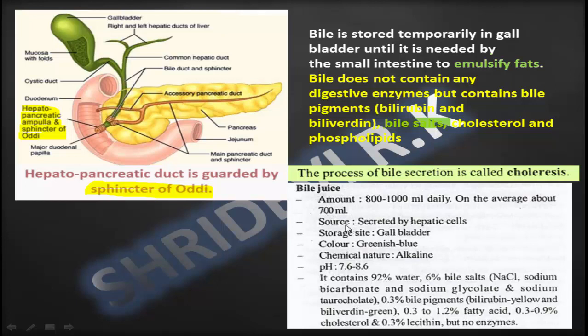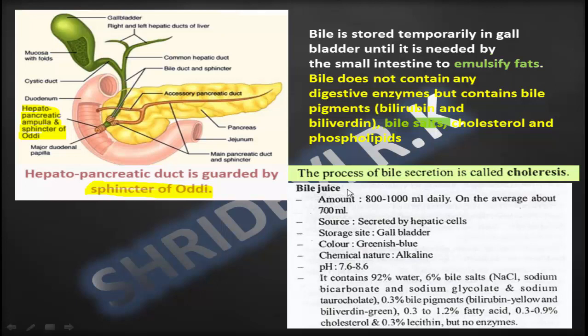Source means from which cells it is secreted. The bile juice is secreted from hepatic cells. These are the major cells which are present in the hepatic lobule, and hepatic cells have the hepatic duct, and through that duct only the bile juice is transported to the gallbladder.